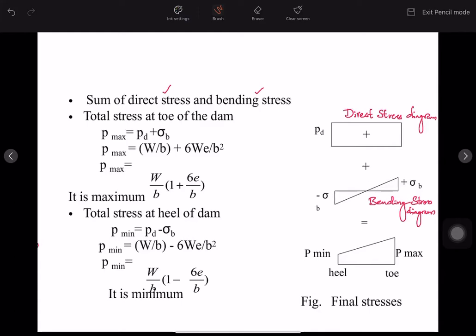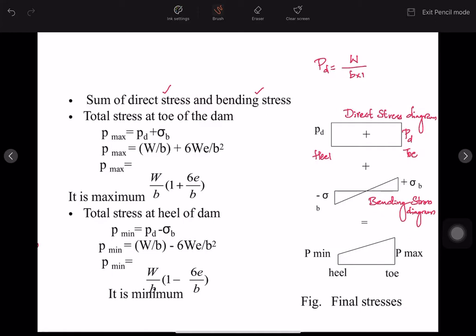So in the direct stress diagram, as the pressure distribution diagram is rectangular in shape, on the toe side and heel side we are having the same value PD. That is PD, which is W into B into 1, right?